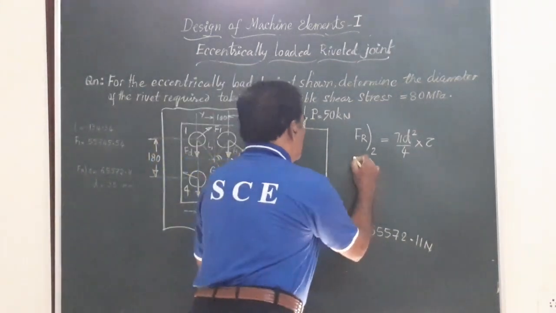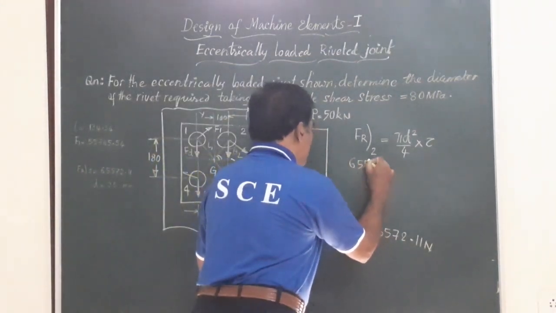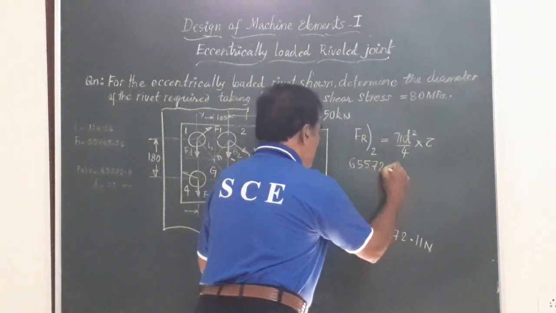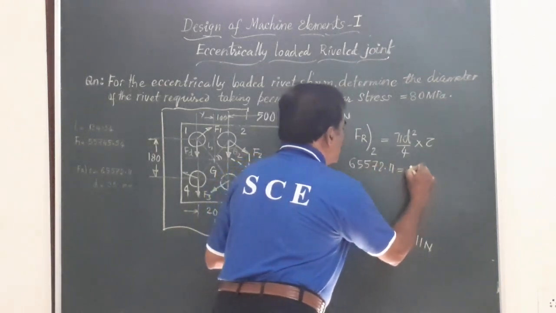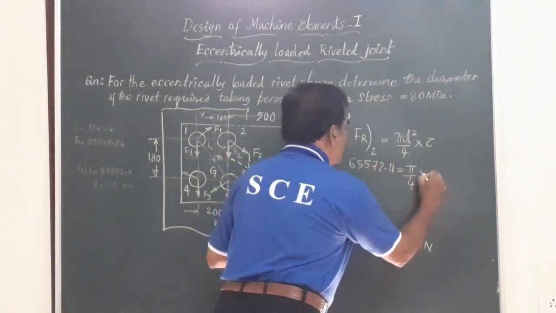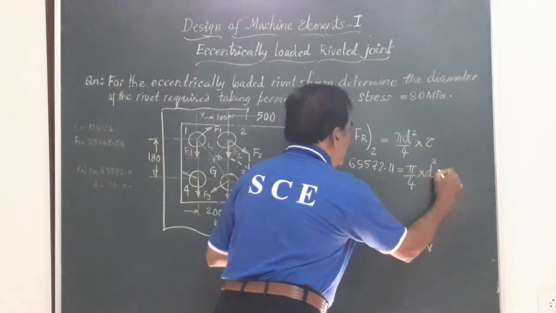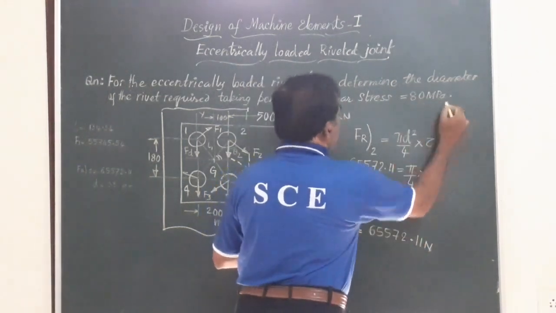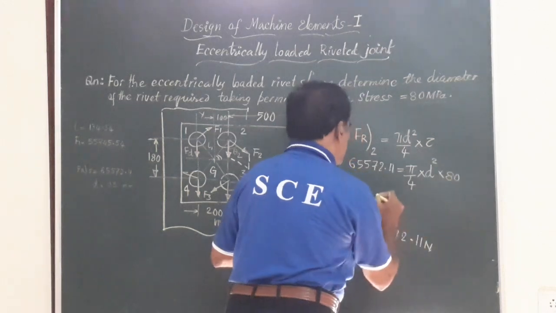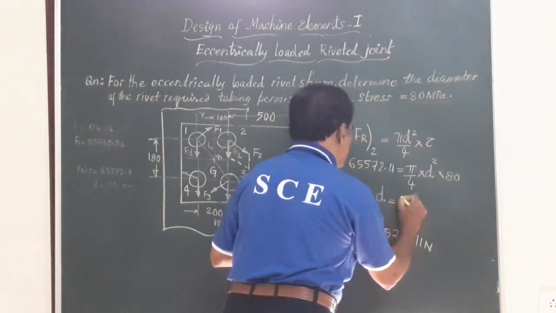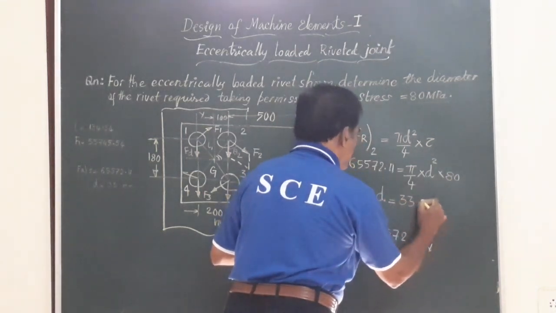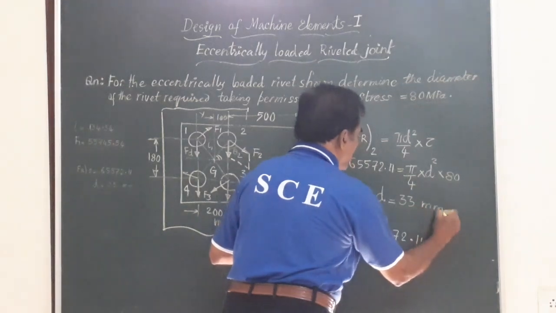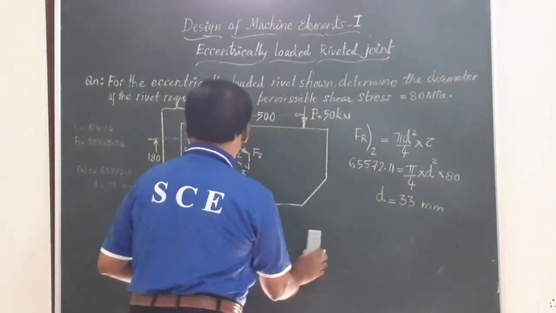So I know this value, 65,572.11, which is equal to pi by 4 multiplied by the diameter squared into the shear stress of 80 MPa. So friends, I am going to get the value of d equal to 33 mm after rounding off to the standard size.